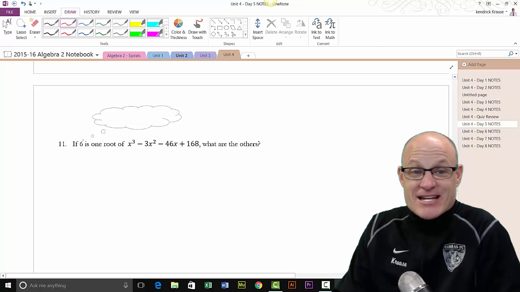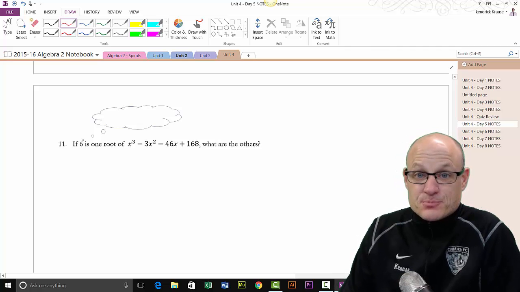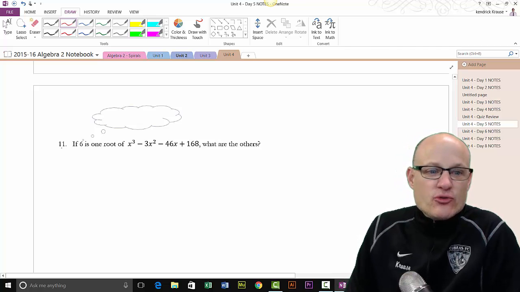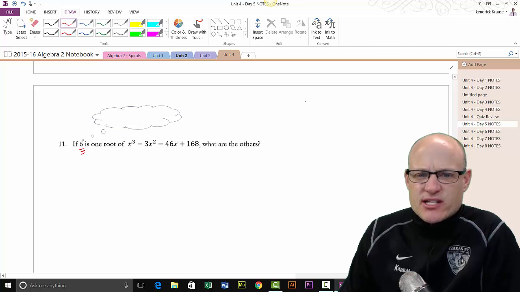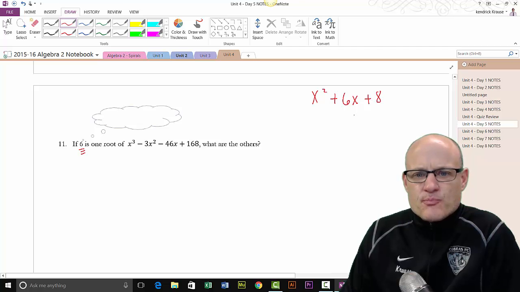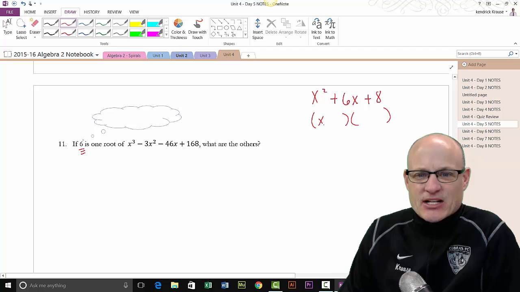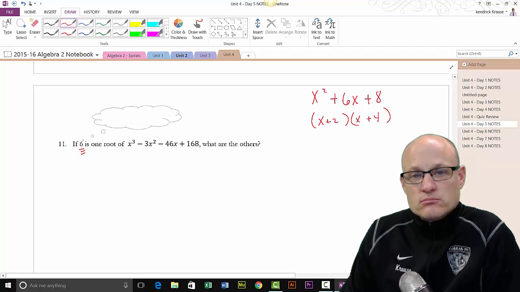So now I've changed things up. Now I've told you that this is a root. So let's take a look at a little simple problem like x squared plus 6x plus 8. If I factored this, I would get x plus 2, x plus 4.